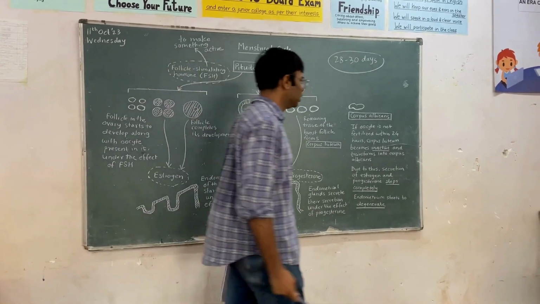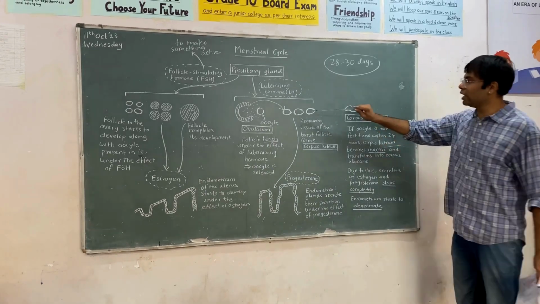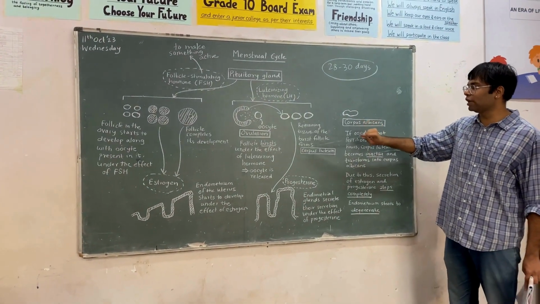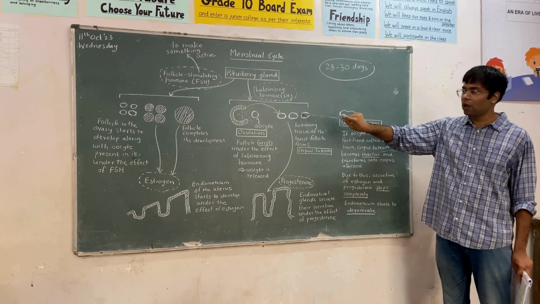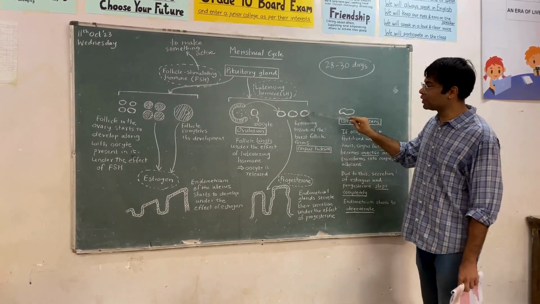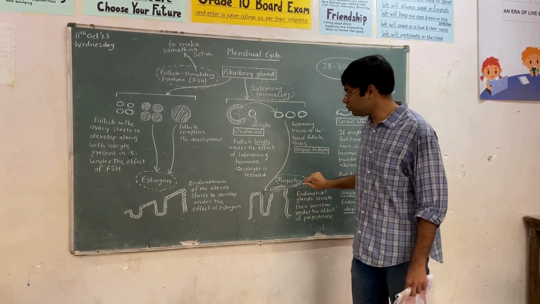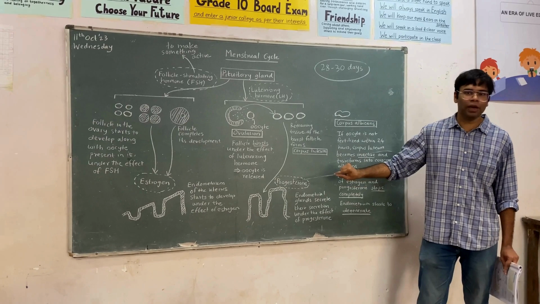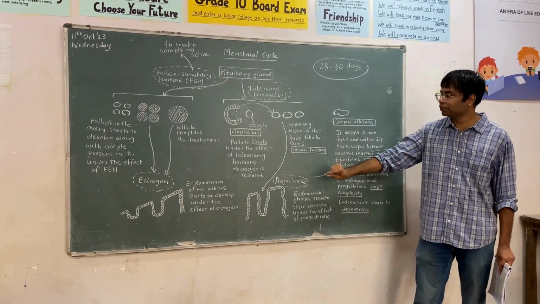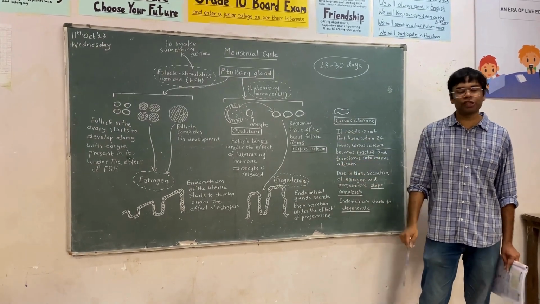Corpus luteum. So the remaining tissue of the burst follicle becomes corpus luteum. Clear? Now the corpus luteum is going to secrete another hormone called progesterone. The corpus luteum is now secreting progesterone.